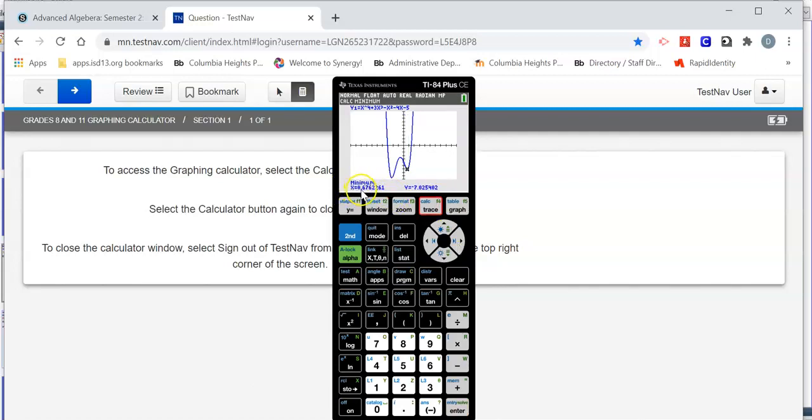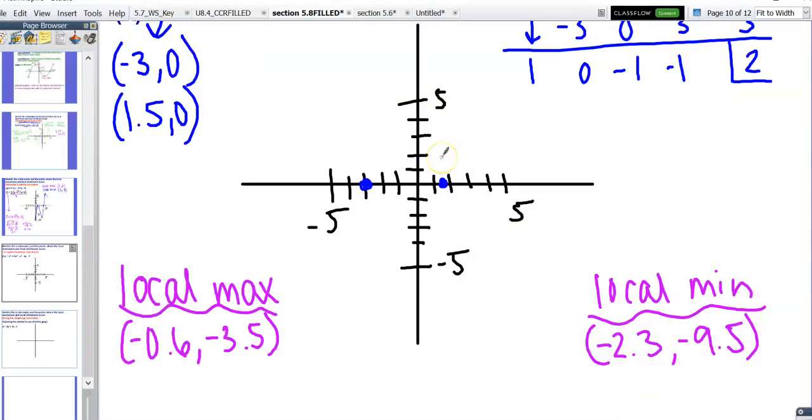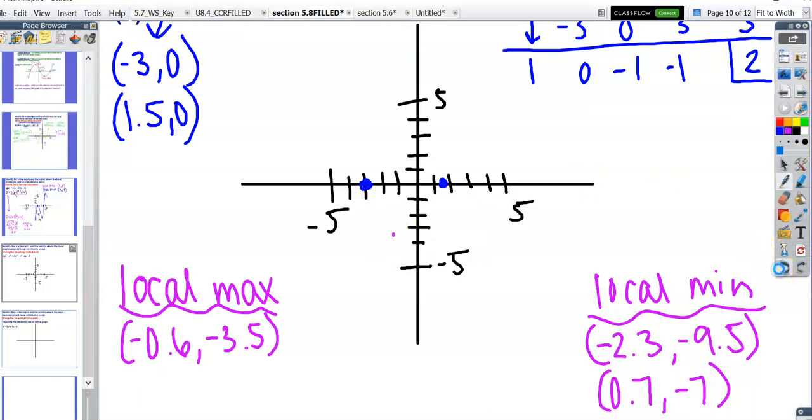So our x value is equal to about 0.7, and our y value is about negative 7. So I'm going to estimate this as (0.7, -7). We can plot these points. And it's not going to be perfect, but we want to be close.